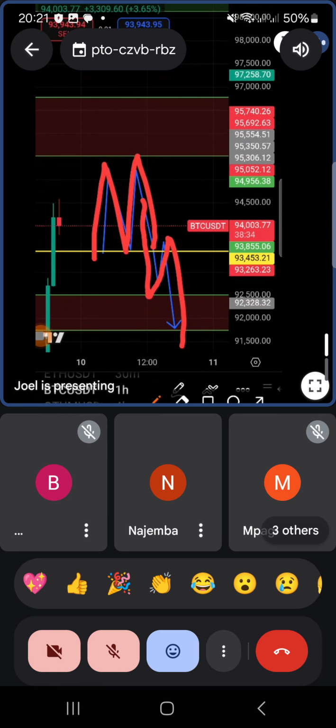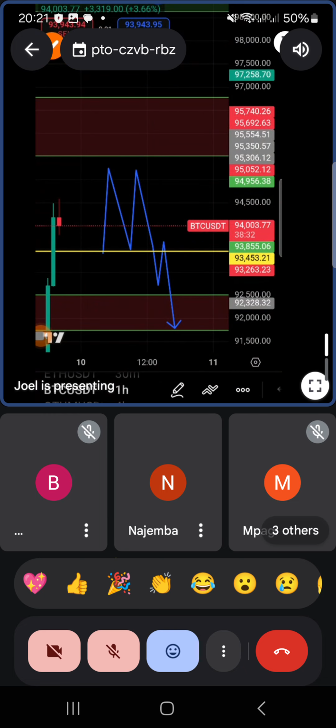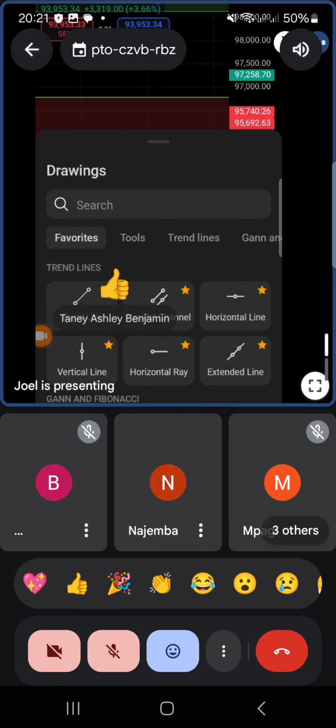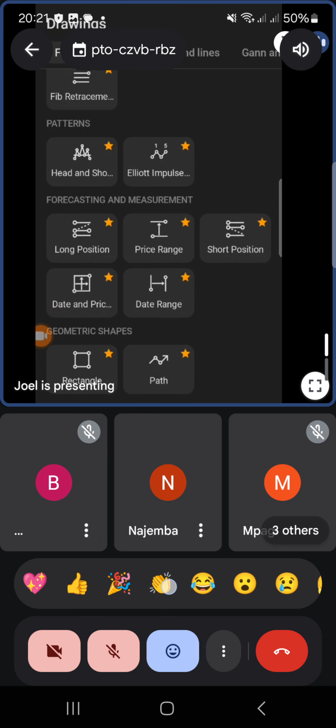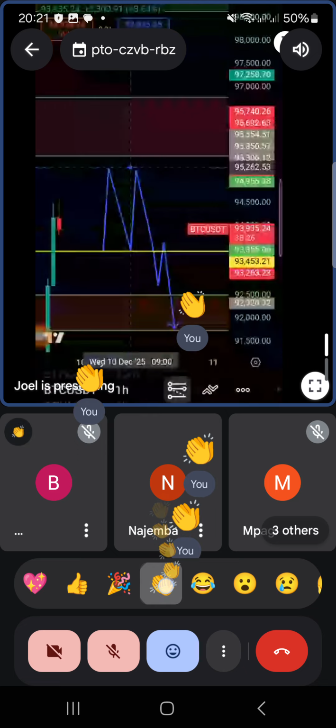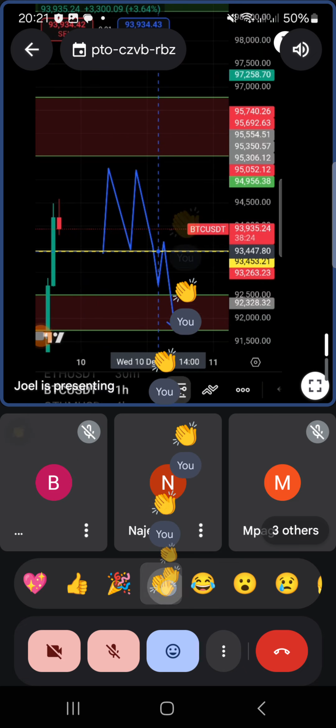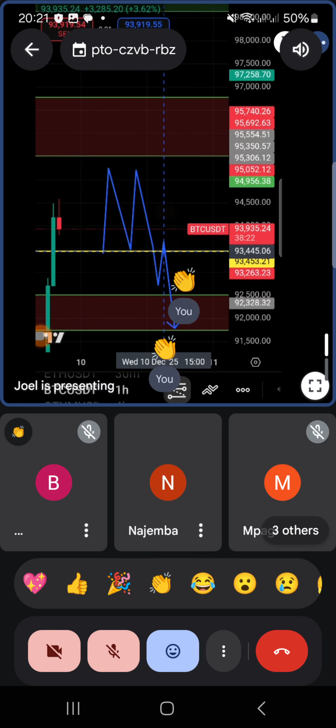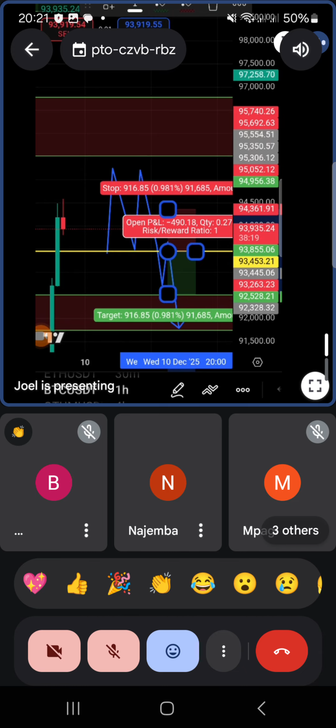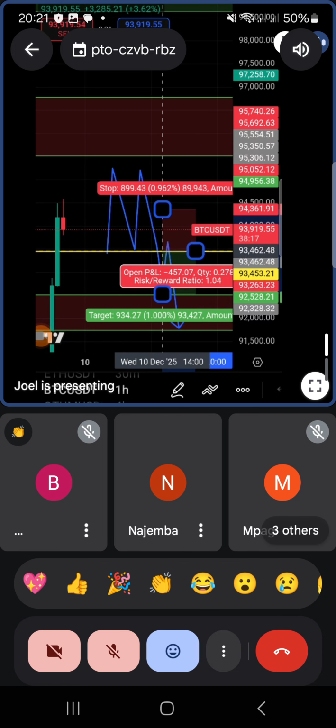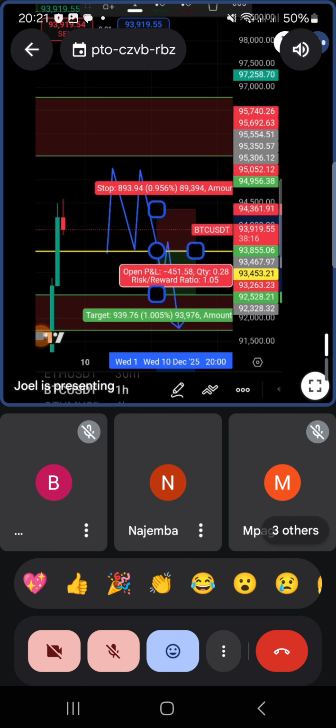So my entry will be at the neckline. Once I see price has broken the neckline, I'm very happy. All I do is put a short limit order.